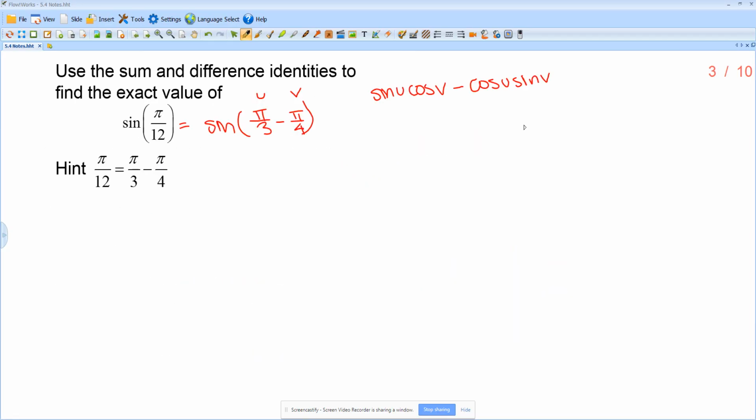And I believe I wrote it the exact way that you have it there. So now just putting that in, this becomes the sine of pi thirds, u, times the cosine of pi fourths, minus the cosine of pi thirds, this is a u, times the sine of pi fourths.